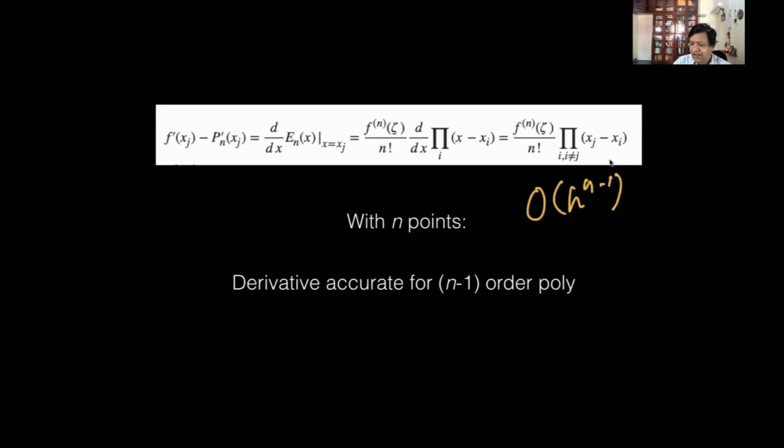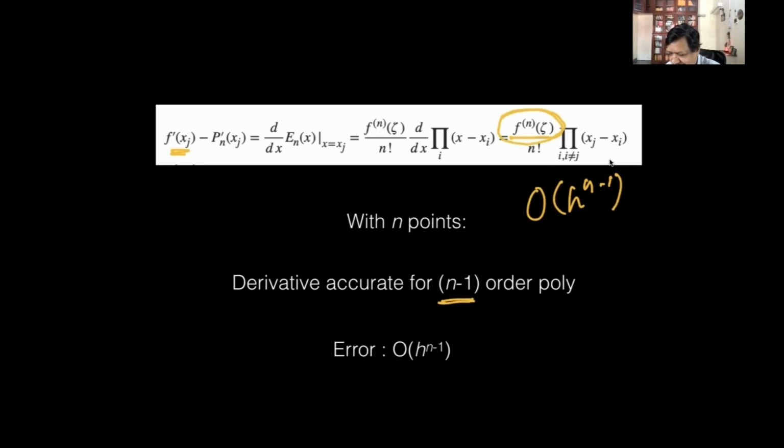We can also derive several interesting conclusions from this formula. If f is a polynomial of order n minus 1, then the derivative is accurate with n points, because what happens to this term? If it is of order n minus 1, this becomes 0.